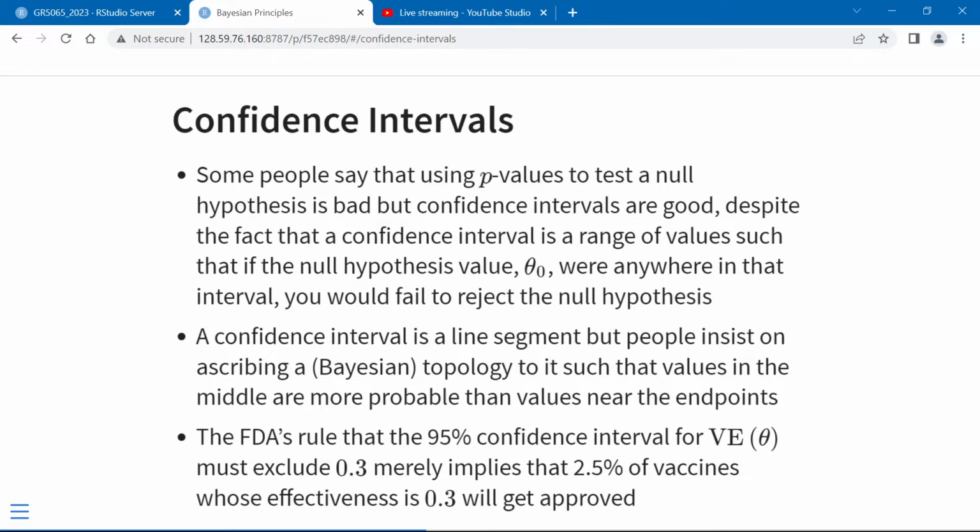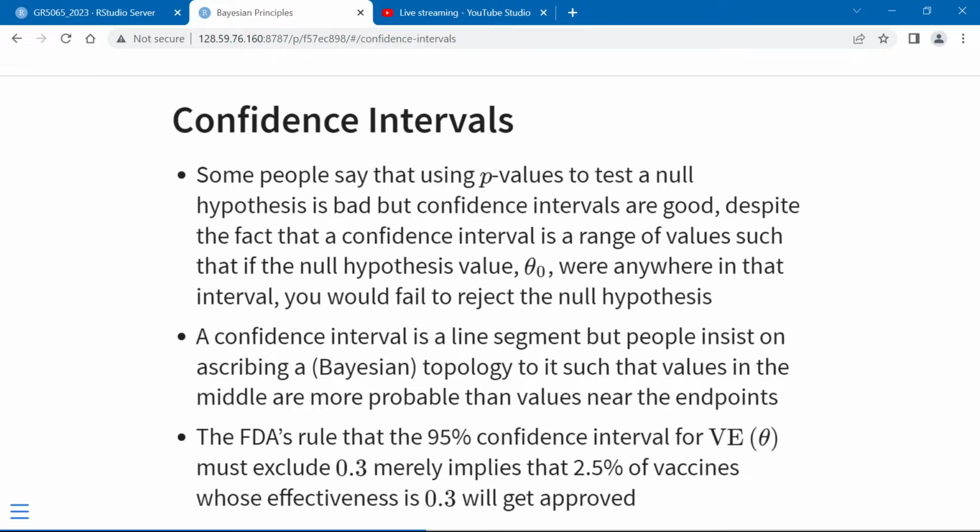A confidence interval is just a range of values where the null hypothesis wouldn't be rejected at the 0.05 level if you make a 95% confidence interval. Another thing that is disturbing: we all know that p-values are often misinterpreted, but confidence intervals are misinterpreted just as often, basically always.